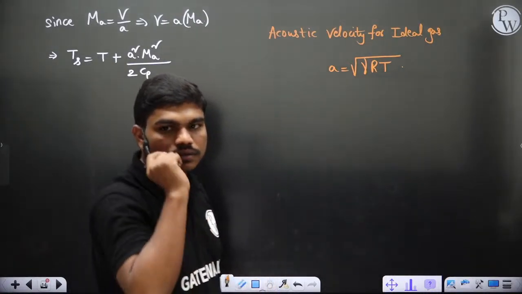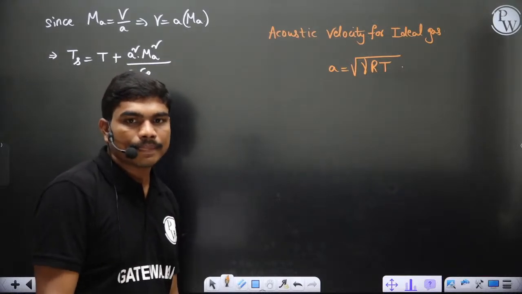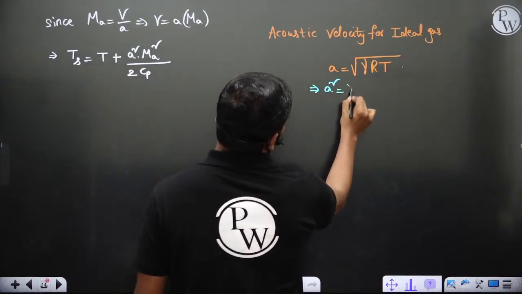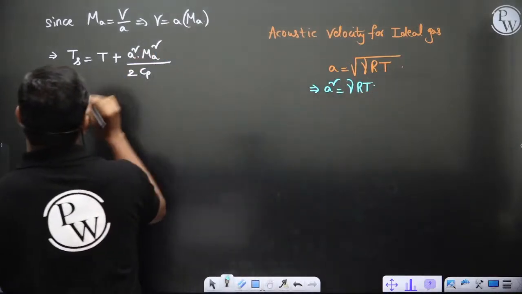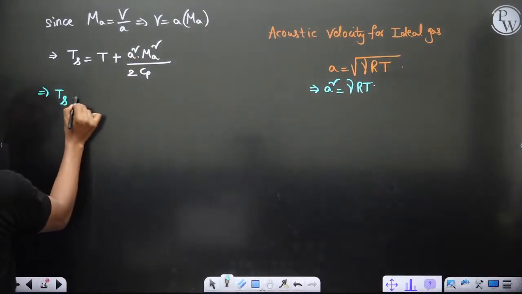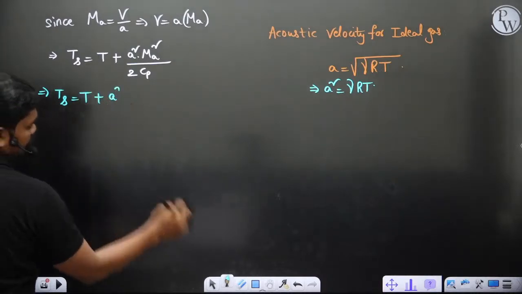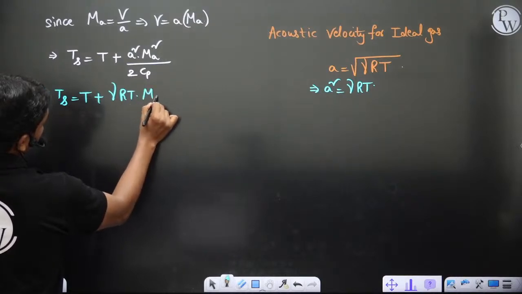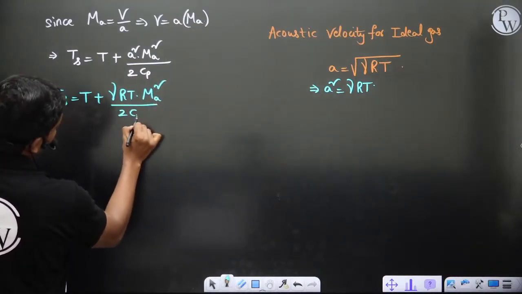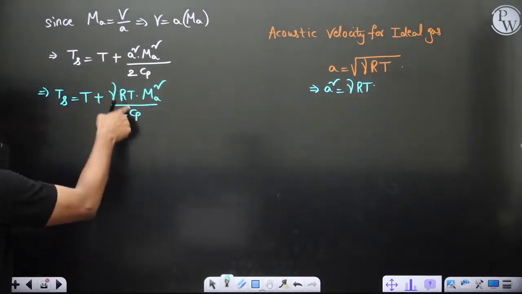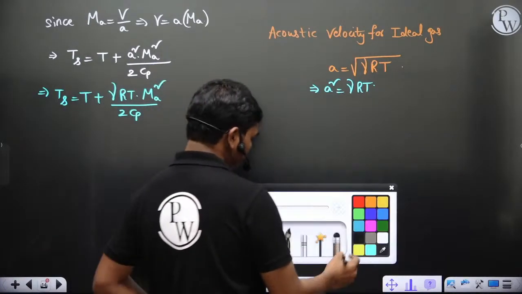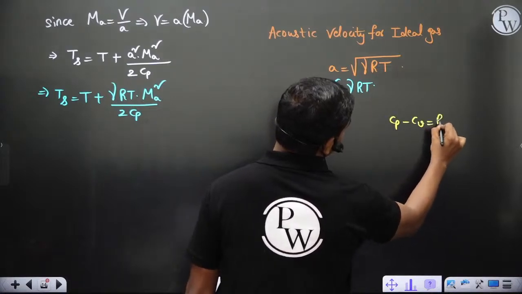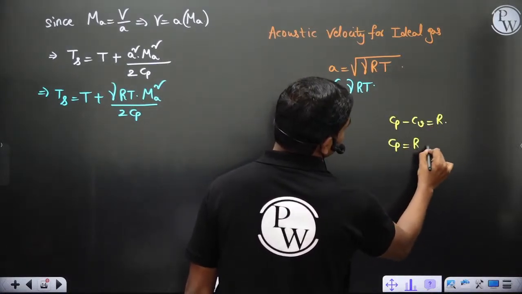Fine. Now if A square is equal to gamma RT, then Ts is equal to T plus gamma RT into Ma square divided by 2 times Cp. Now what is R by Cp? We all know Cp minus Cv is equal to R, and Cp is equal to R plus Cv.